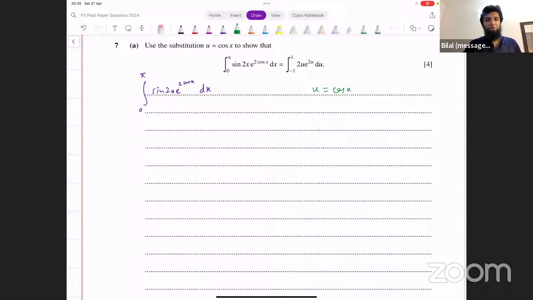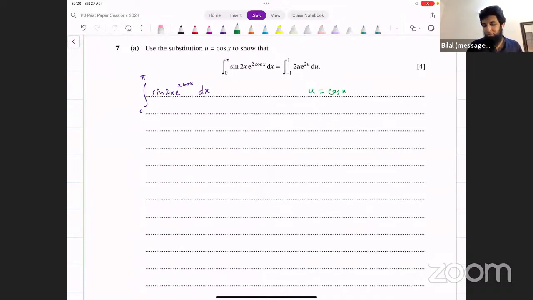We first of all have to differentiate it. And that gives us du over dx, which is minus sine x. Now we make dx the subject so that we can get rid of this dx from this integration. When we make dx the subject, that gives us dx equal to minus du over sine of x. Okay, this is one thing that we input there, and this is the other thing that we input there.